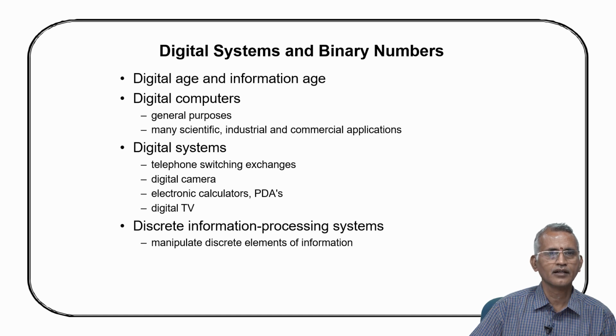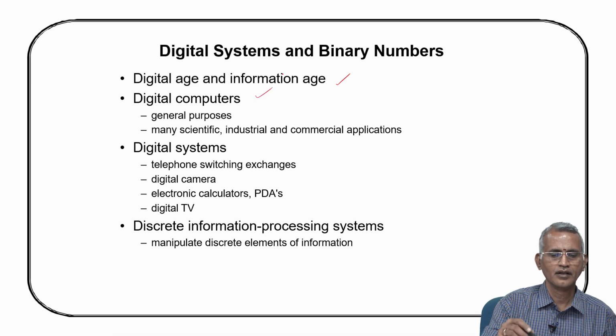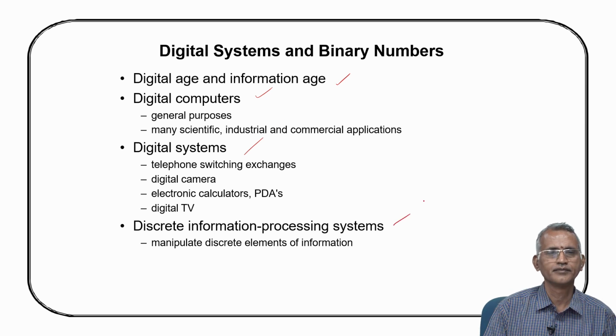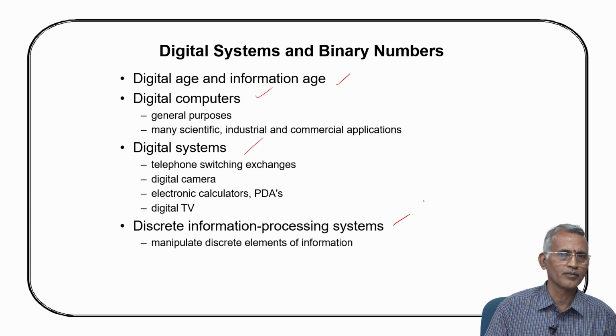So, the digital system consists of digital age and information age, digital computers, digital systems, and discrete information processing systems. I hope all of you know about the digital age and information age. No need to explain in detail, but we will explain in detail in the subdivision of digital age and information age.